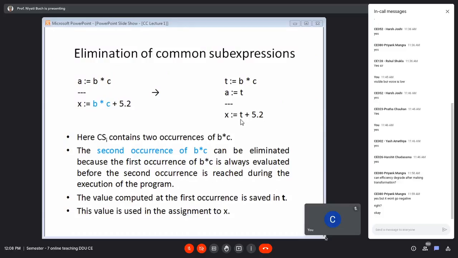We have an algorithm to learn, so we will know exactly what steps to follow to identify the second or multiple occurrences of the common sub-expressions and eliminate them by generating temporaries in which the computed value is stored. So this is the second code optimization transformation: we eliminate the common sub-expression.